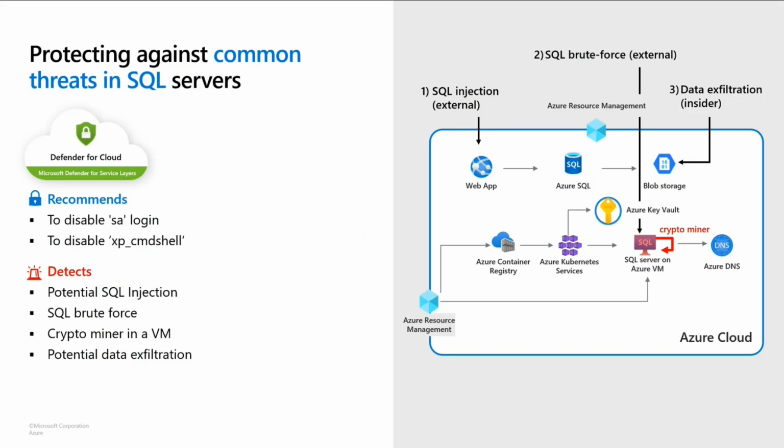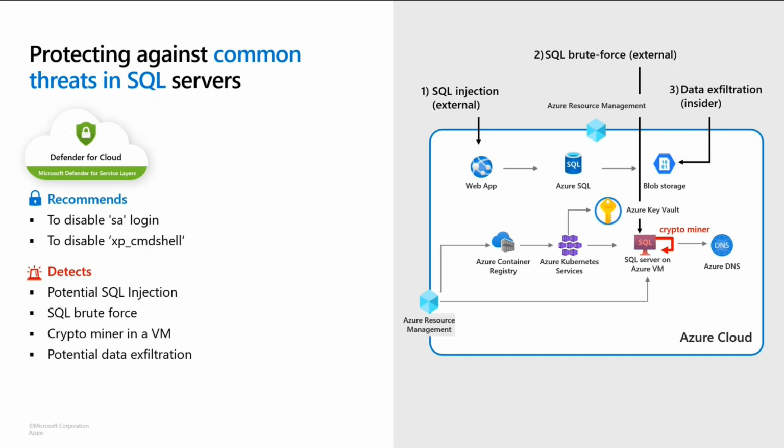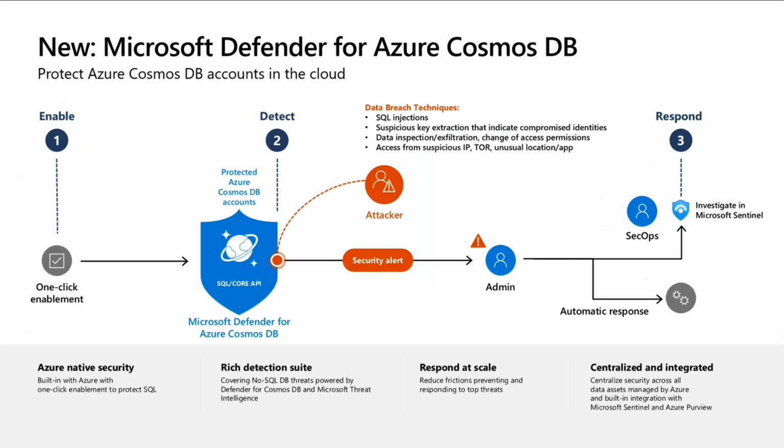I'm going to build this. Oops, a little too fast. All right. So some of the detections include SQL injection, brute force attacks, data exfiltration, and among many, many others. I'm going to demo how you can configure this by default. And like I said, we now support Cosmos DB for the same type of detection and hardening.